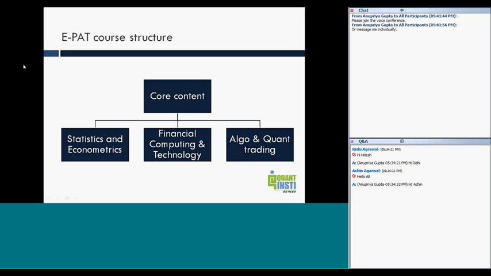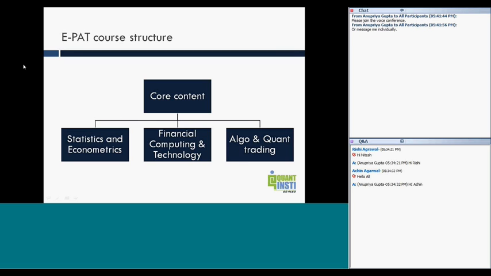So that forms a part of the financial computing technology, where we cover different statistical tools, how to use them, and we cover Java primarily, and we're using that programming language for coding on the algorithmic trading platforms.